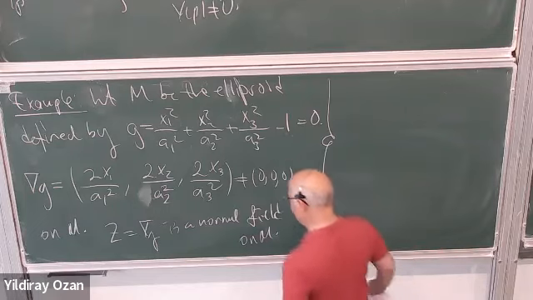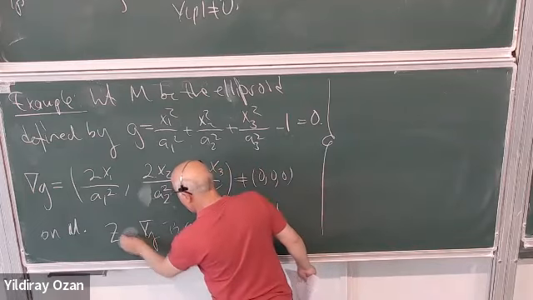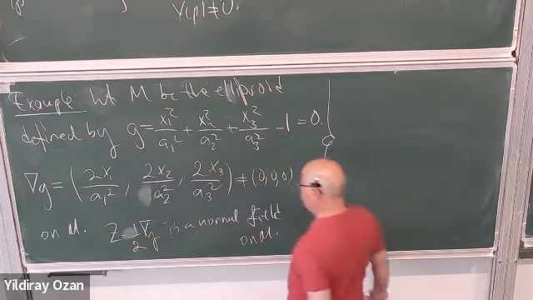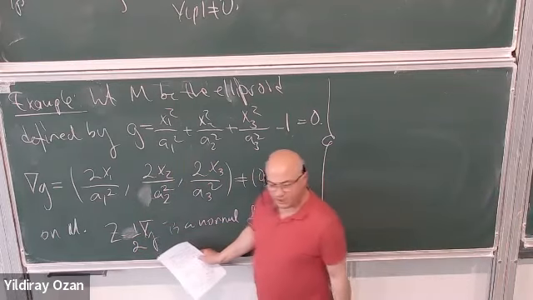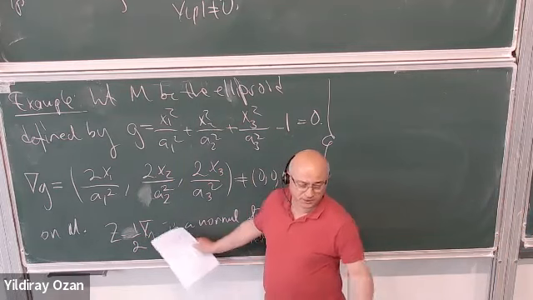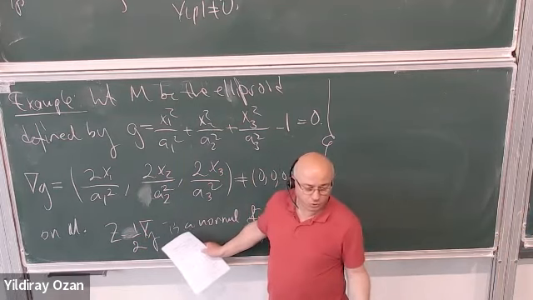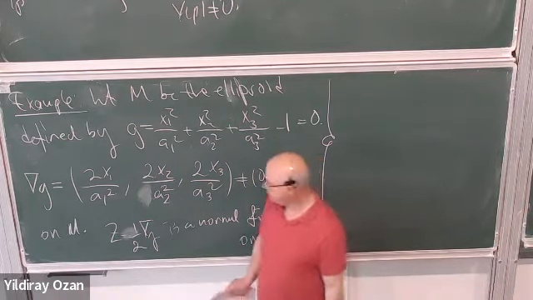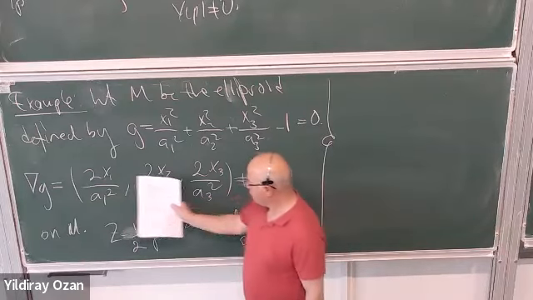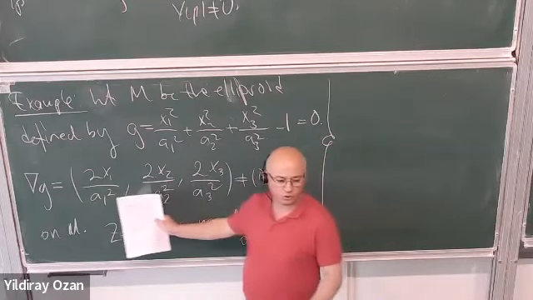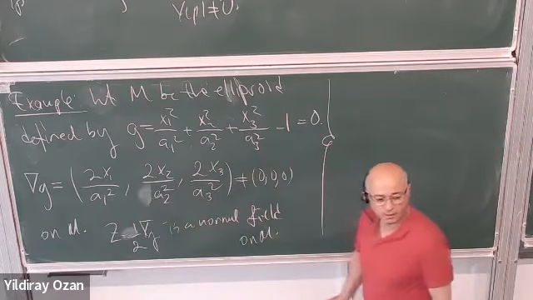Somehow the author took this one. Well, the gradient of G is a normal field. If you divide it by 2, it's again a normal field. Why do we do this? Because I have these 2's, so you get rid of them.